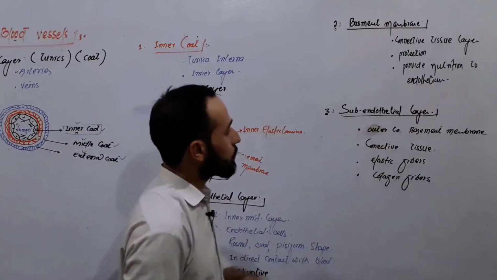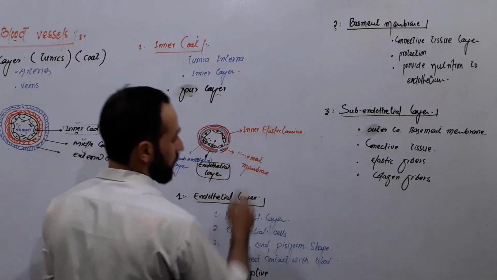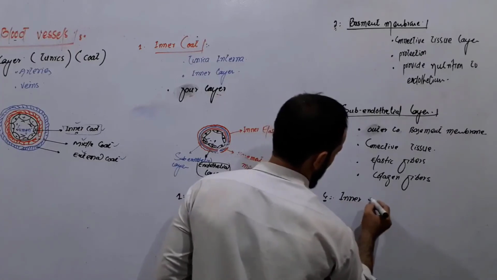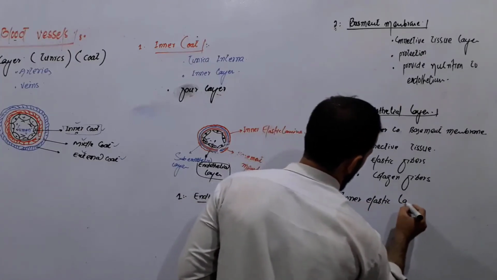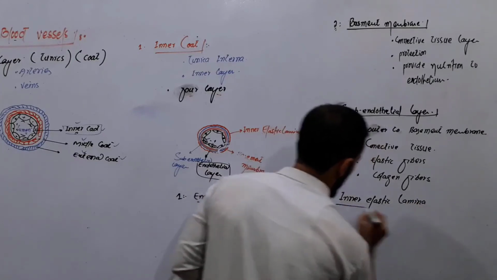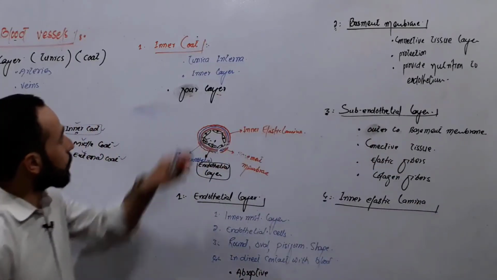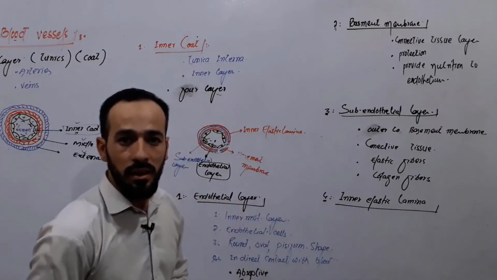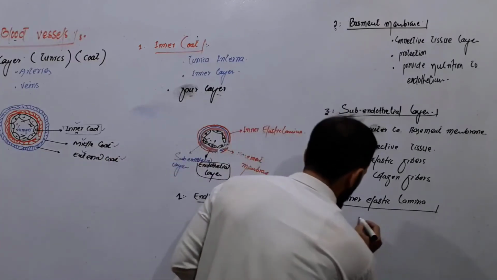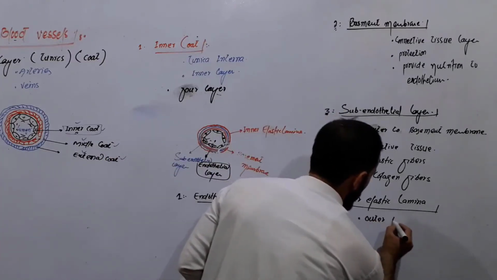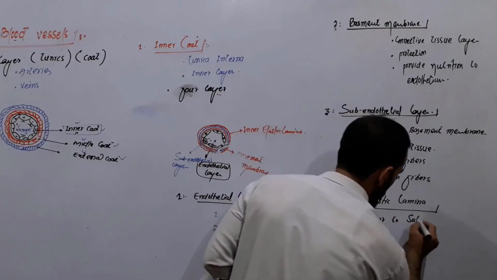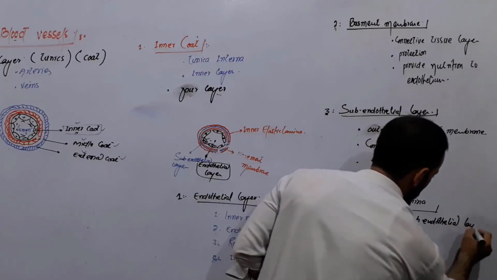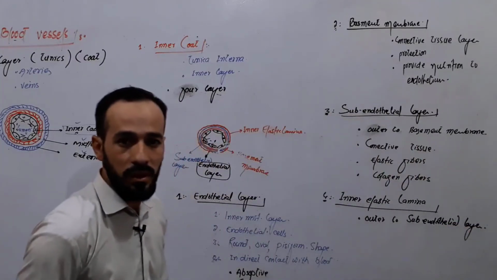So that is the subendothelial layer, and the last one is the inner elastic lamina, the fourth sublayer of this inner coat. Where is it? It is present outer to the subendothelial layer.